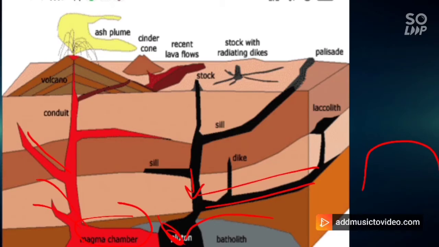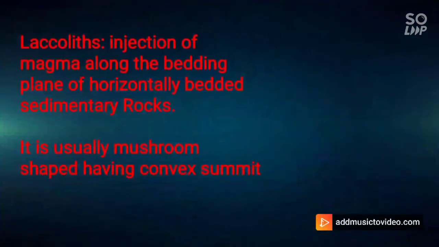Now, what are laccoliths? The injection of magma along the bedding plane of horizontally bedded sedimentary rocks. So wherever there are cracks, pores and all, usually magma goes there and they get solidified. In sedimentary rocks, layers of rocks are present.